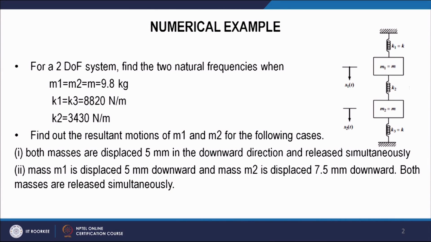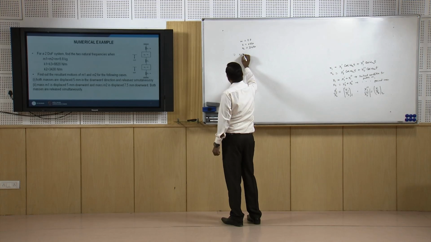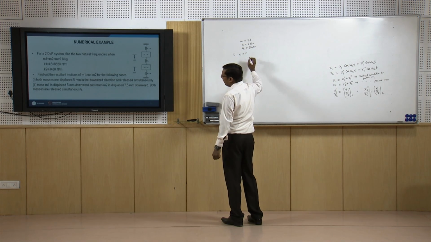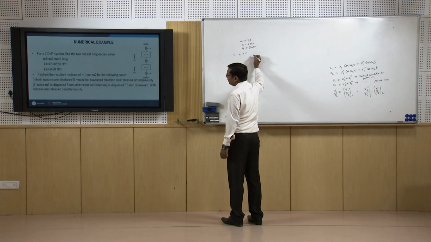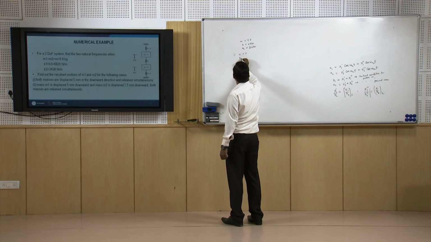So, in the first case we are giving both x1 equal to 5 mm downward, and x2 also 5 mm downward.